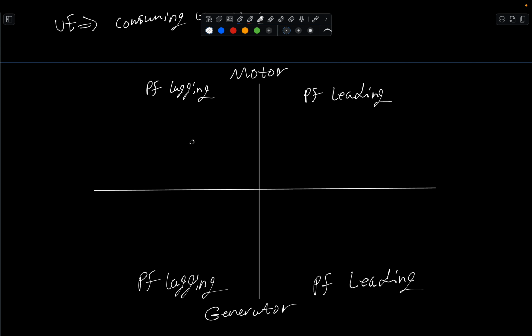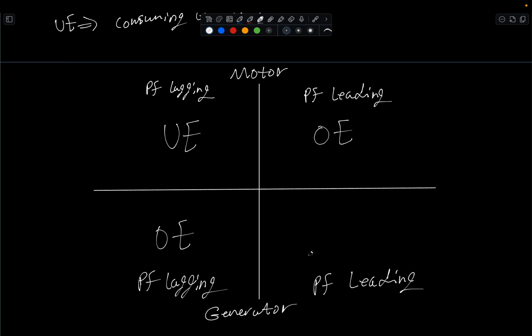For a motor, we discussed that when the power factor is lagging, it is considered underexcited. Because the power factor is lagging for a motor, it's underexcited, then the generator is going to be overexcited. Same thing here for a motor: when the power factor is leading, it's overexcited.